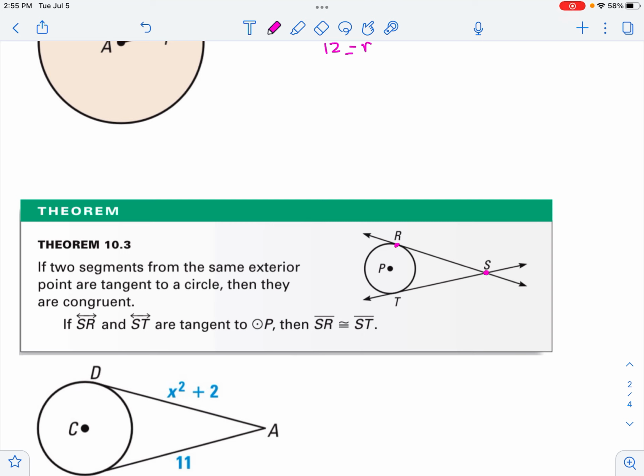Here's a point of tangency. Here's a point of tangency. So we know right away that this segment here is congruent to this one. Now, you may wonder, how do we know that? Well, notice that this is 90 degrees here, this is 90 degrees here, and then we've got this thing up here.